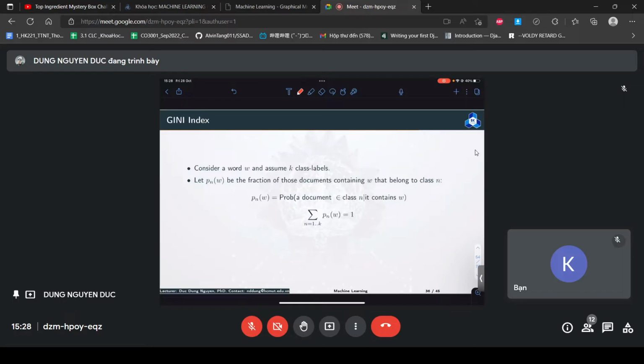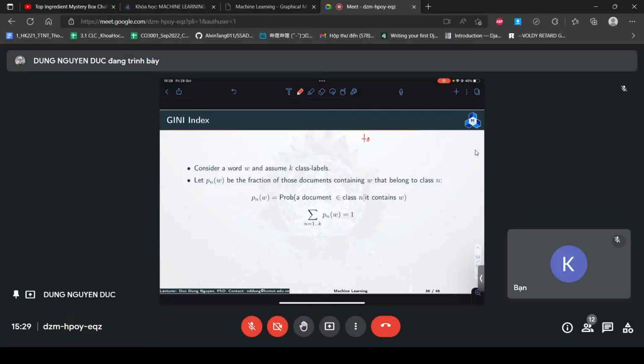Let's say I have the word "to", right? And you see a lot of "to" in any documents, like in sport documents, in social documents, in economic documents, whatever. All of them may contain the word "to".